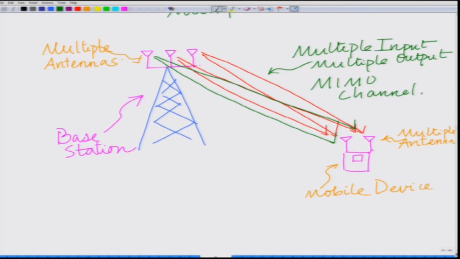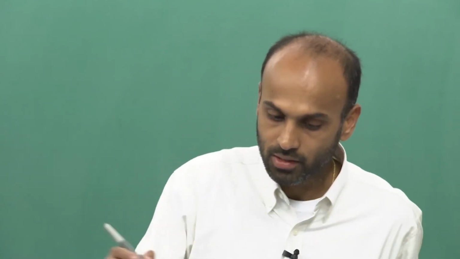MIMO stands for multiple input multiple output, where multiple inputs mean you have multiple transmit antennas, and multiple outputs mean you have multiple receive antennas. We have illustrated this for the downlink wireless communication scenario, where you have a base station with multiple transmit antennas and a mobile device with multiple receive antennas.